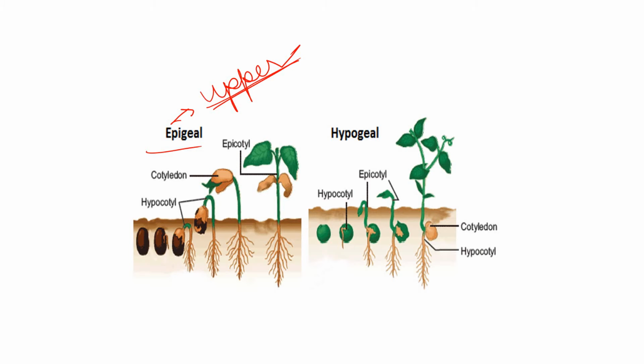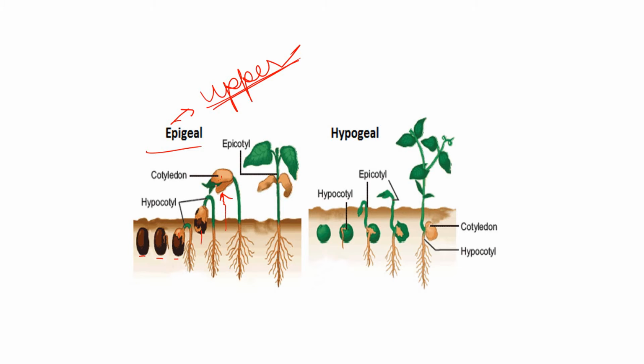What is your book trying to tell you? This type of germination is usually seen in dicot seeds like beans. In such seeds, the cotyledons are pushed above the ground, become green, and start to photosynthesize. So you see, this is the seed, and the cotyledons are pushed above the ground. Can you see? This is the cotyledon, this is the cotyledon, pushed above the ground.